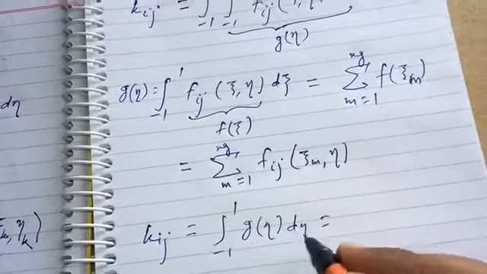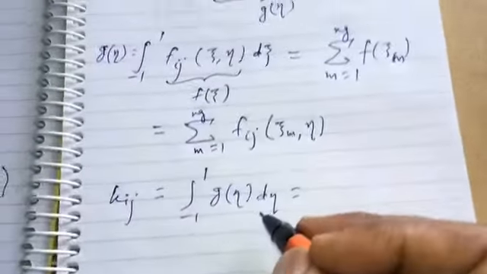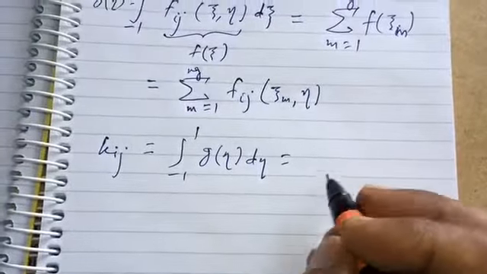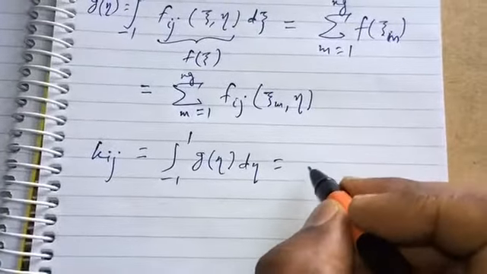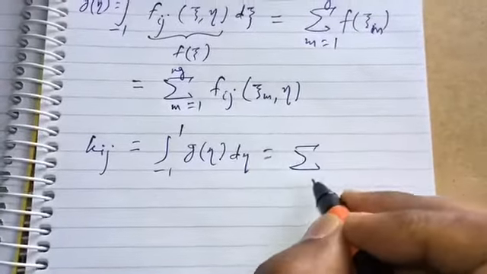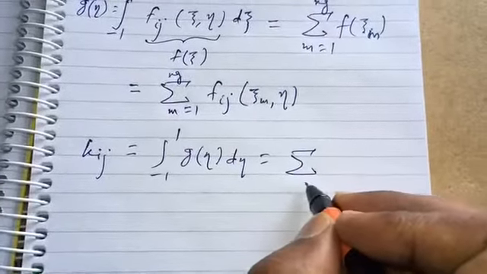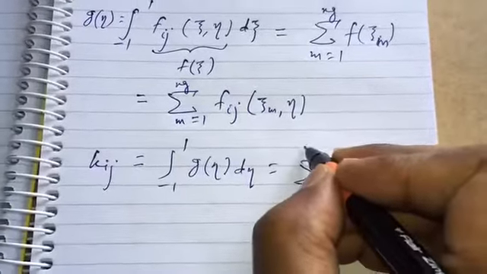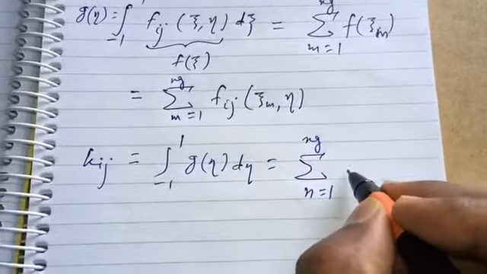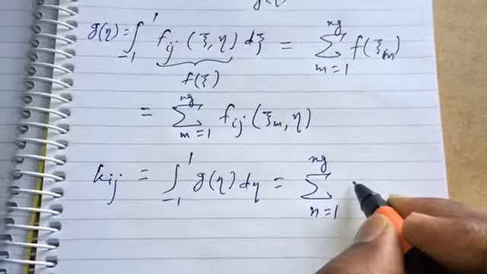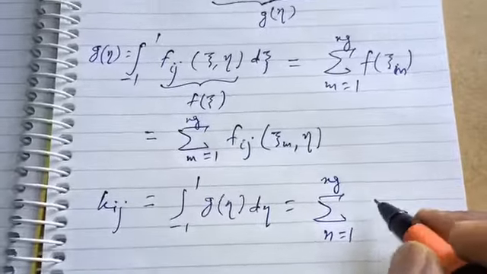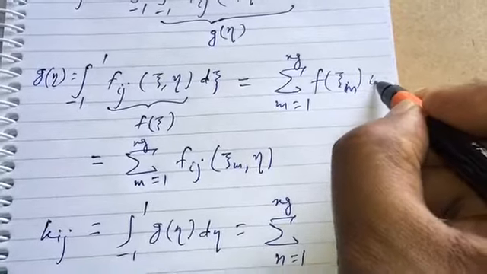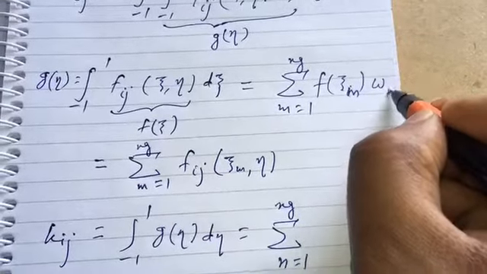Applying the 1D integration using the Gaussian quadrature rule, we get a summation over n equal to 1 to ng. Sorry, here this should also have a weightage function, so we write w_m with it.